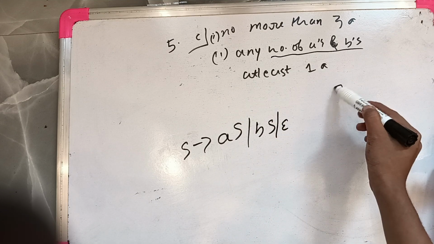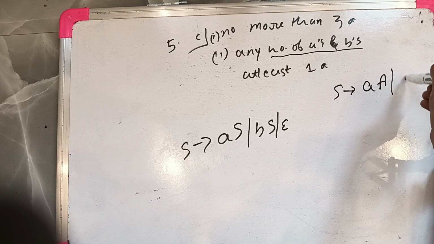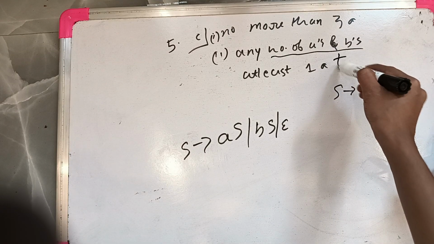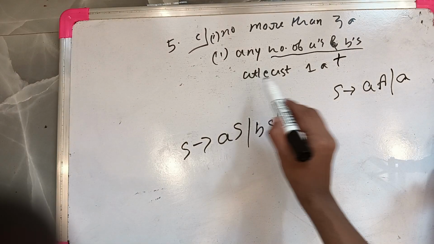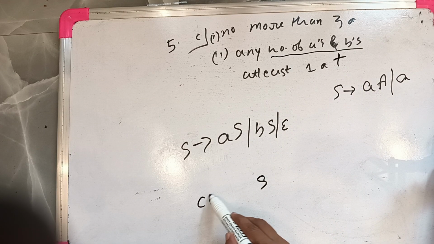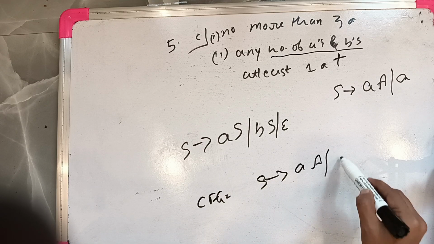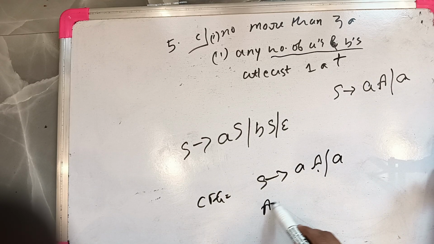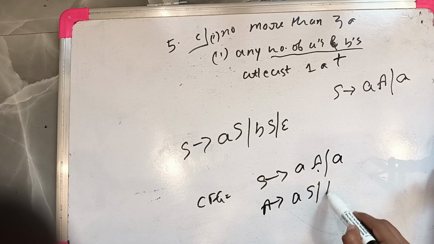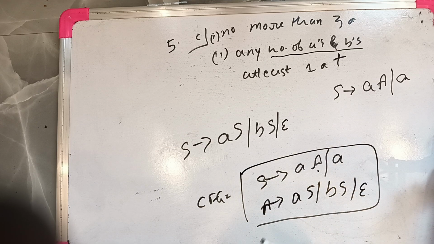For at least one a, it is like that: any number of a's with at least one a. They added both, right? So the final CFG looks like S gives any number of a's with at least one a, where a represents any number of a's or b's.